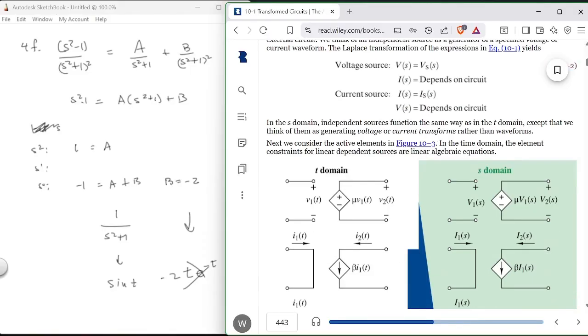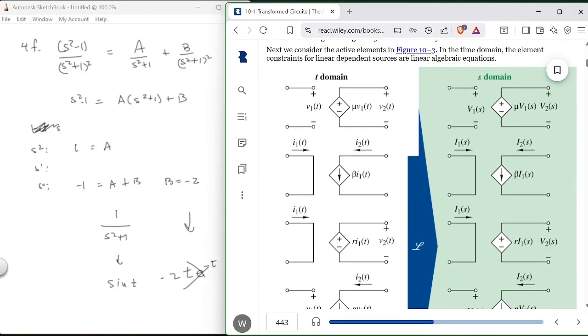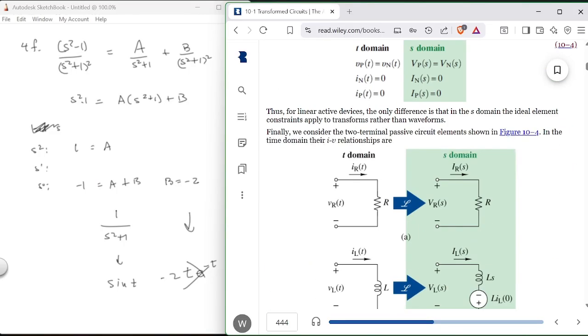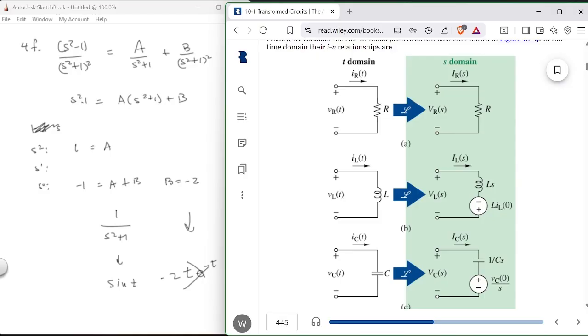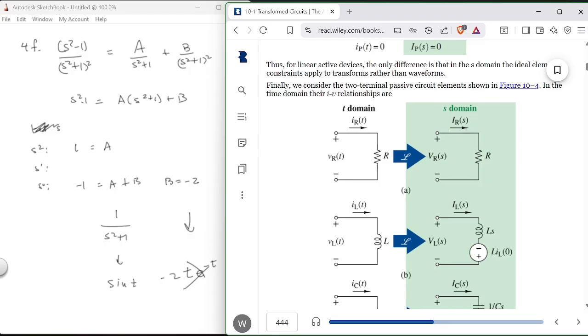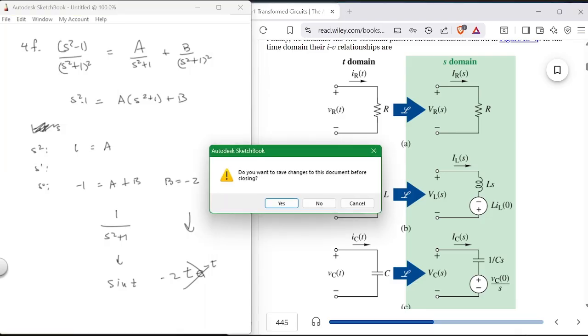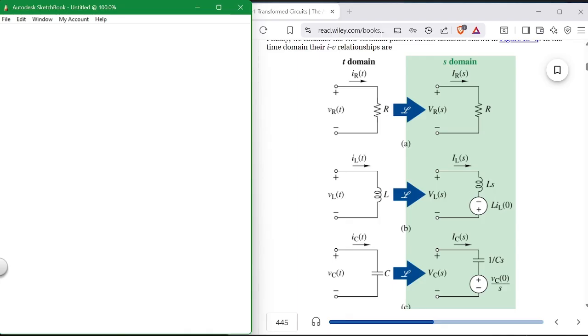Okay, so please, on the back of your sheet or somewhere, write these things down. I'm going to write it on the back of my sheet as well.